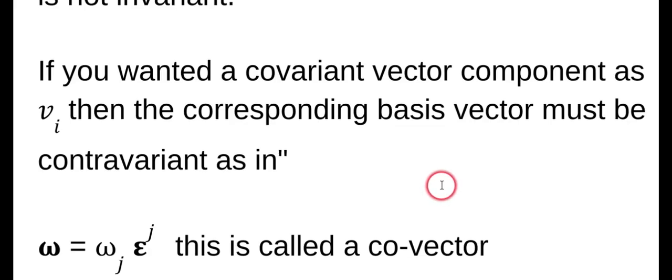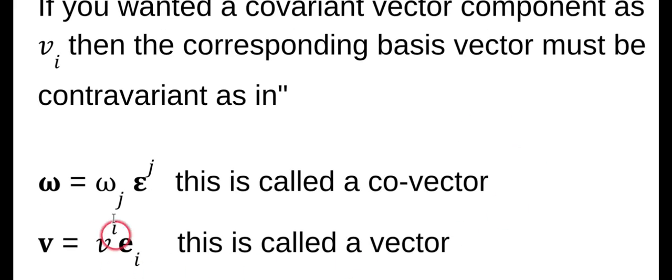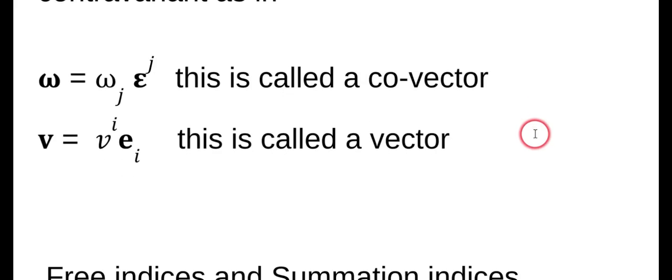So this is the modern terminology where you have a contravariant component and a covariant basis vector, and these are called covectors. And when you see a contravariant component and a covariant basis vector, this is a vector. So we have two types of these things, and they do different things, okay?